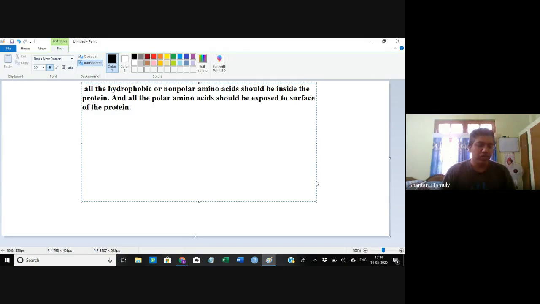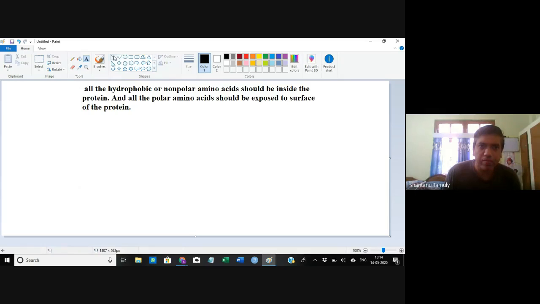Now what happens when the proteins fold in a wrong manner? Supposing this is the protein which is being synthesized.